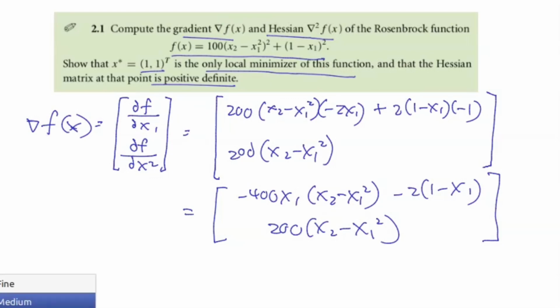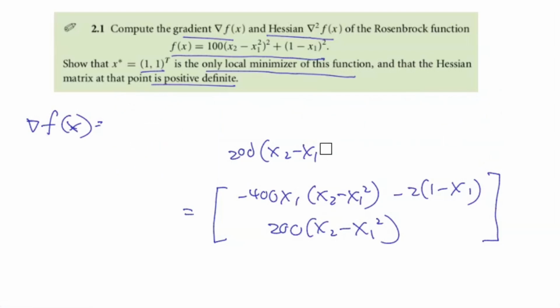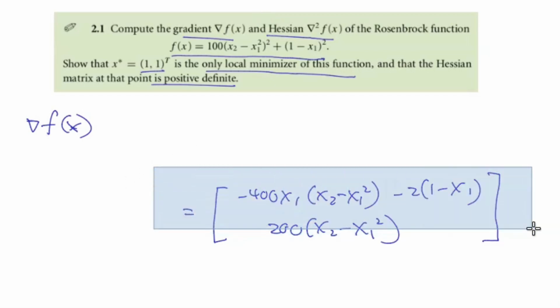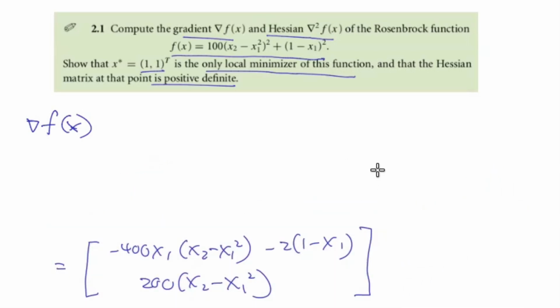Maybe I copy. This is the gradient. The Hessian, we refer to this one.